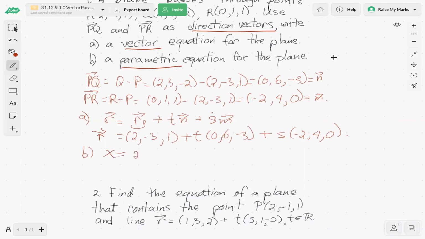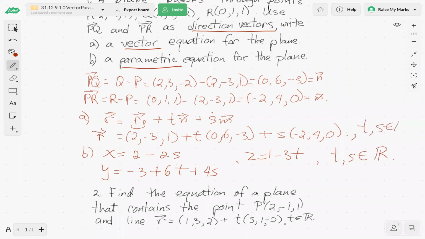X equals 2 minus 2S, Y equals negative 3 plus 6T plus 4S, and Z equals 1 minus 3T plus 0S. And again, our T and S are real numbers. Good. All right, next question.